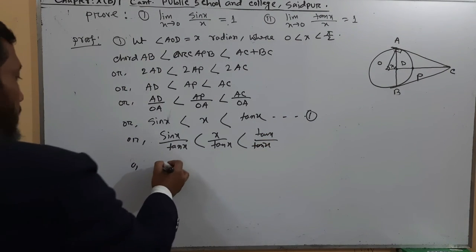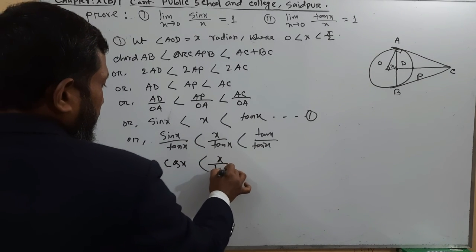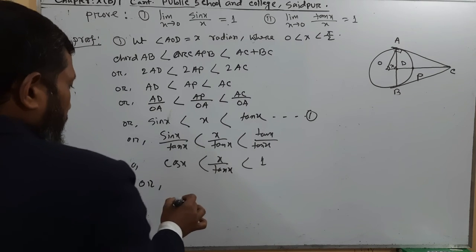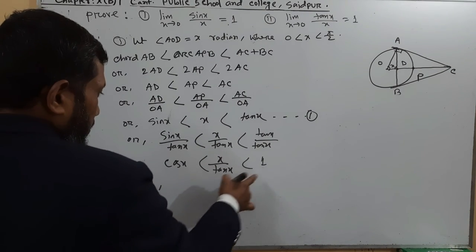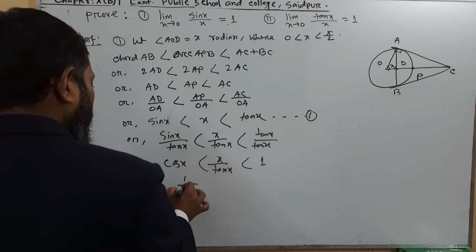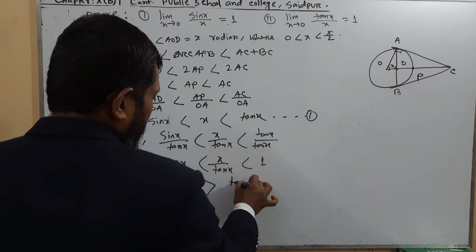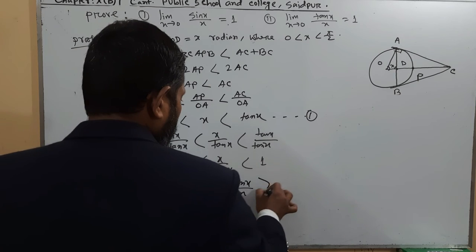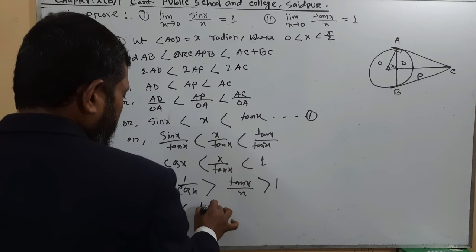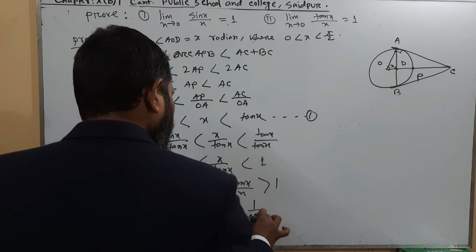We get cos x, x by tan x, 1. We can write this as 1 by cos x, tan x by x, or 1, tan x by x, cos x.